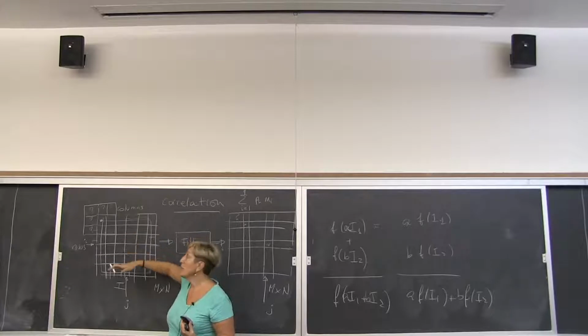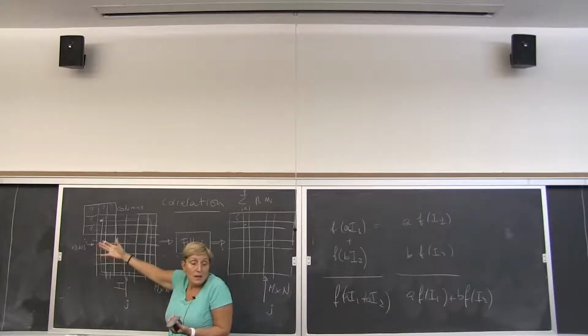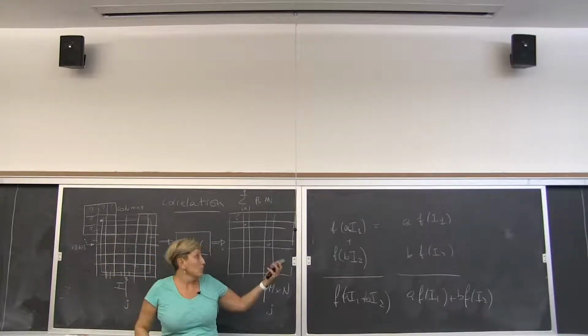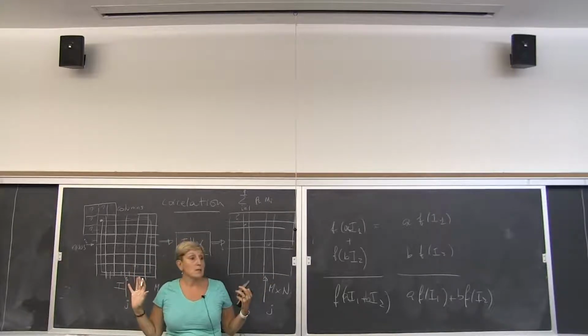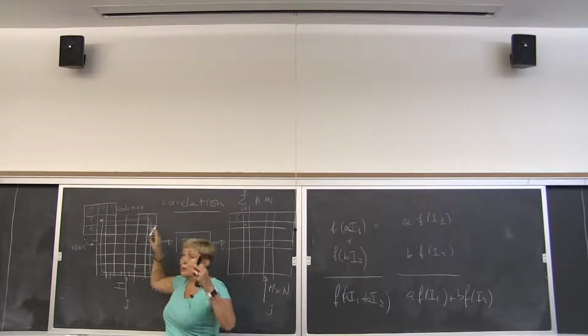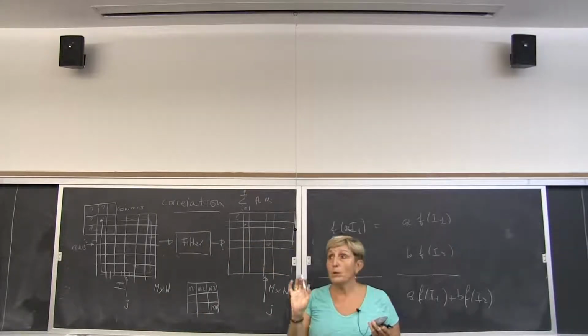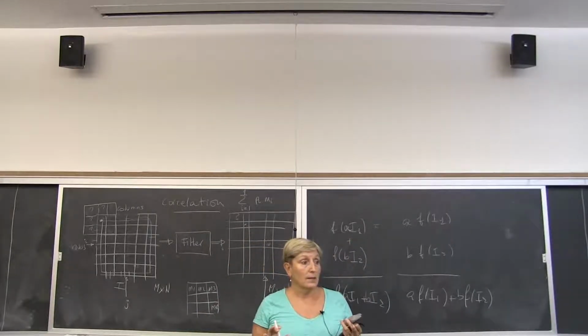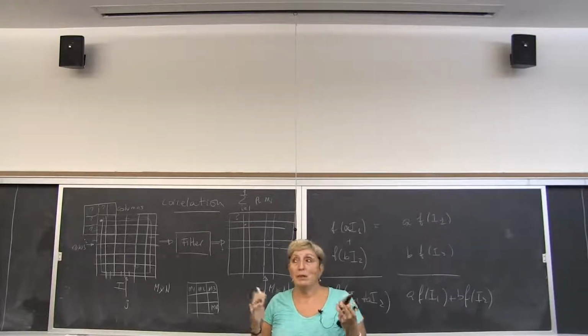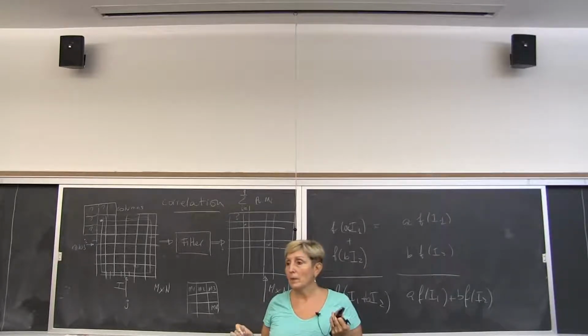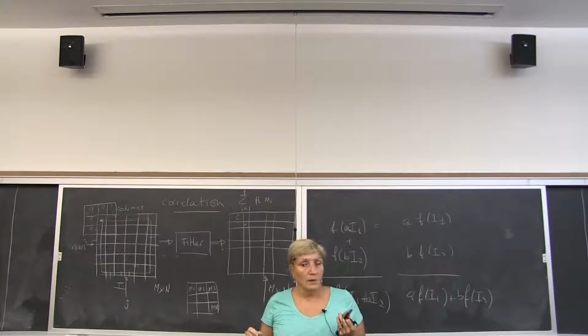Okay. Now, if that's the case, why do I care about the input image and the output image to be the same size? I could just drop that, right? I could drop the frame. Only compute things where things are well defined. Why I might not want to do that? I'm sorry? I lose data.